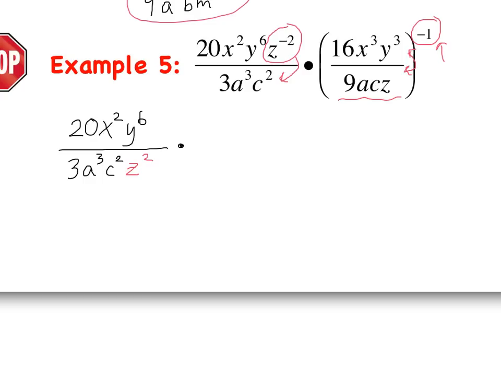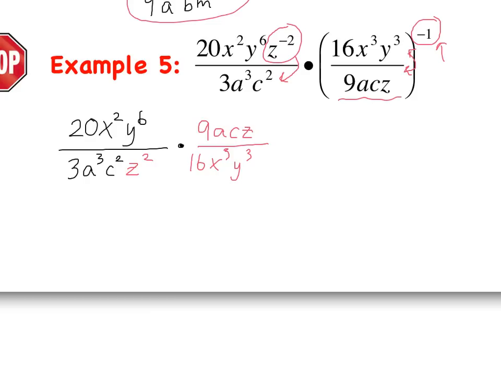Times, and again, I'm just going to flip the numerator and denominator of this second fraction here. So this is going to look like 9acz over 16x cubed y cubed. So there's kind of the cleaned up version.